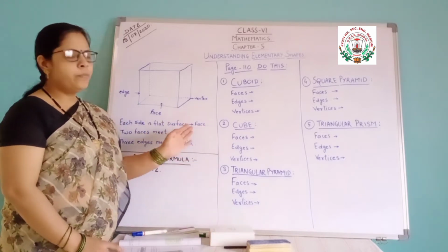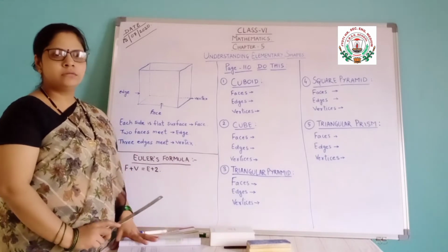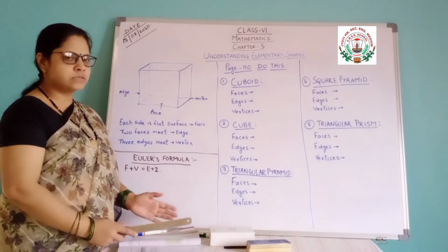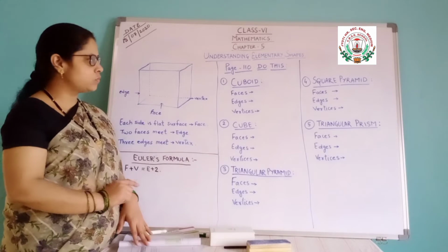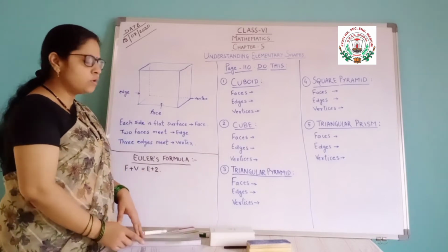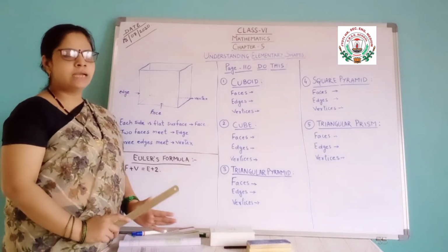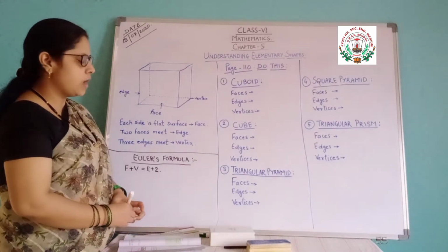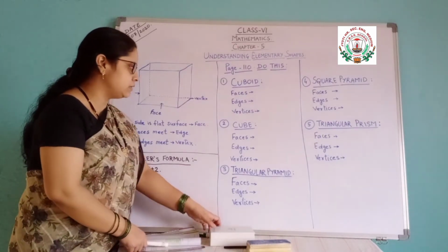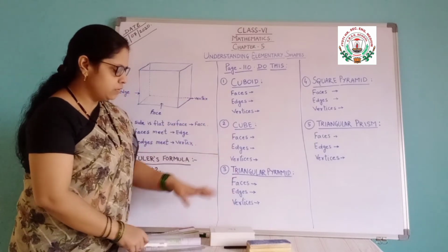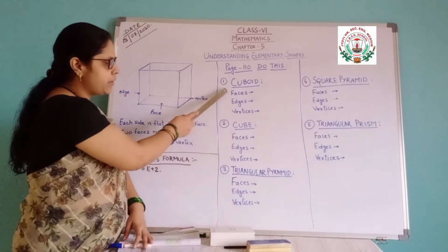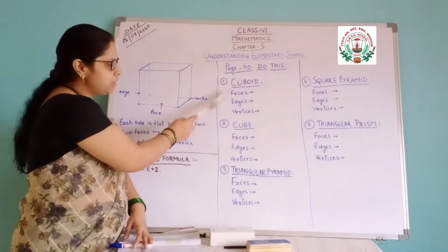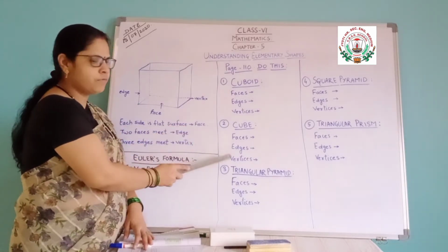Now cube and cuboid both have similar types of boxes, the only difference is square and rectangle. So the number of faces, vertices and edges will be similar. Now here we will find out how many faces and how many edges are there. Cuboid and cube both will have similar faces, similar edges and similar vertices.